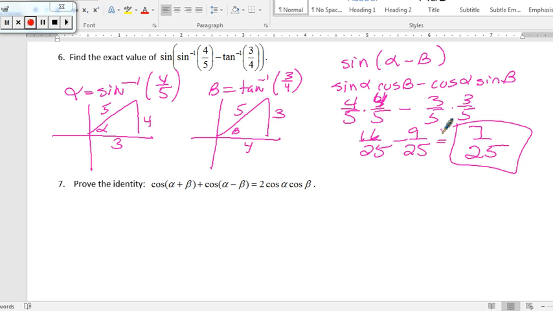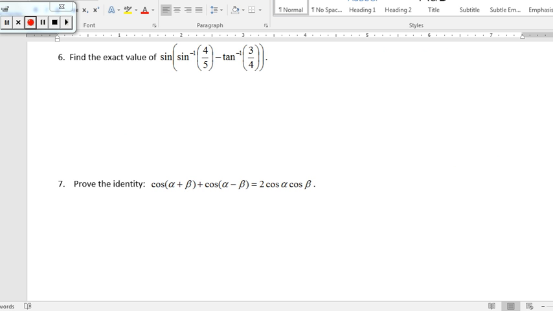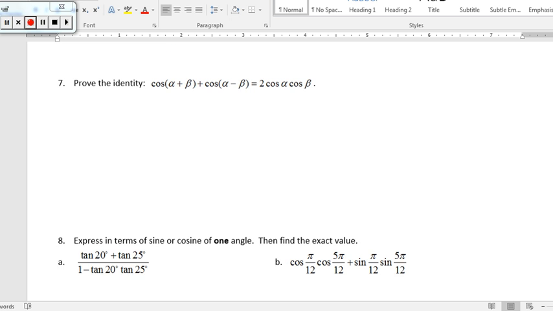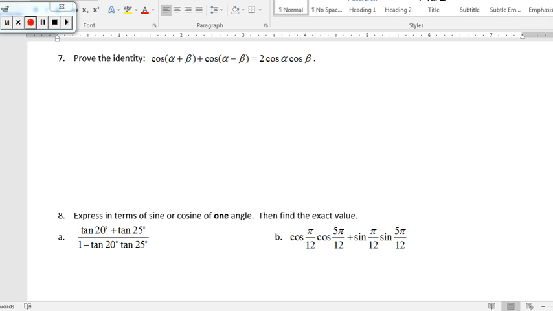All right, number 7 is an identity using these formulas. Again, if we do pull identities out, you will have that formula sheet in front of you. Do not need to memorize these. So the cosine of alpha plus beta would be cosine alpha, cosine beta, minus sine alpha, sine beta.